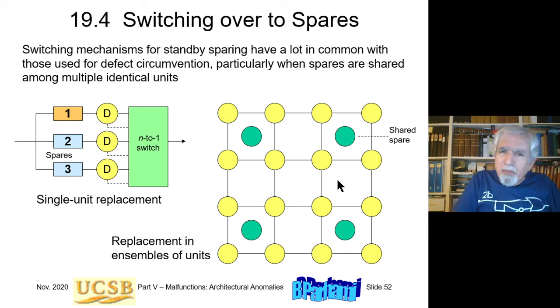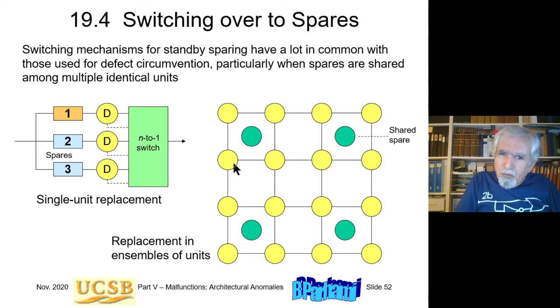So here's an example of a low redundancy scheme. Here I have a 4x4 array of processors, and some of them can malfunction, but I don't want to provide 16 spare units so that each one of these has a dedicated spare unit. I may choose to provide only 4 spare units, these green circles, so that this spare unit can replace any one of these 4.